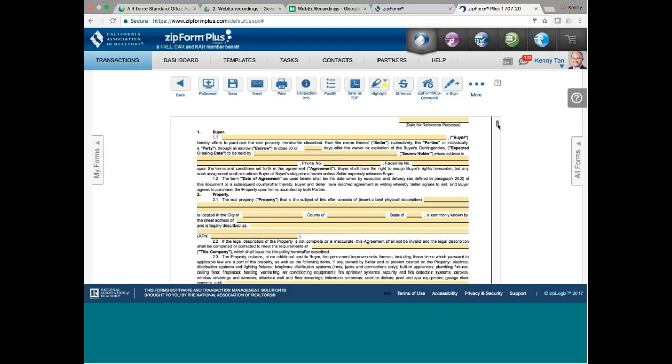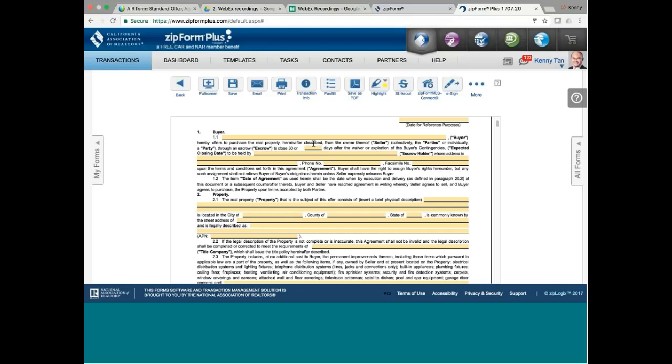The default is 30 days after the waiver or expiration of buyer's contingencies. So when you submit an offer like that, you don't have a close of escrow date. You basically say the escrow will close a certain number of days after the buyer's contingencies have expired.